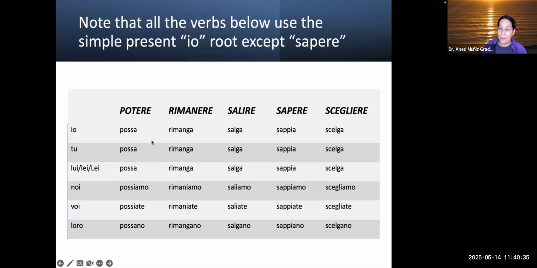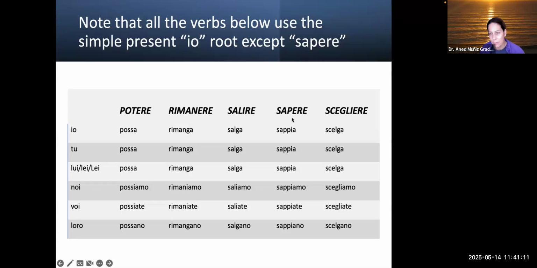But some of them, as you see here, are not really irregular, right? Because io posso, right? And then you just put the subjunctive to poss, right? Rimanere, io rimango, right? The same thing. It's not really irregular. It's just irregular in the io form. Salire, io salgo, right? But again, if it's a magical g verb, you don't use the g in the noi and voi forms.